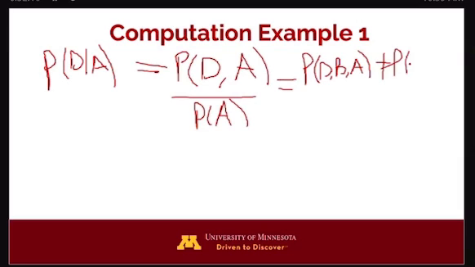When B is not observed, it's called B complement. So D, B complement, comma A, and that is going to be divided by the probability of A. That's what I have up to this moment.